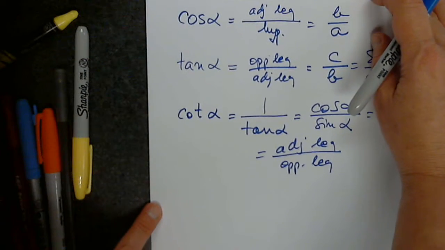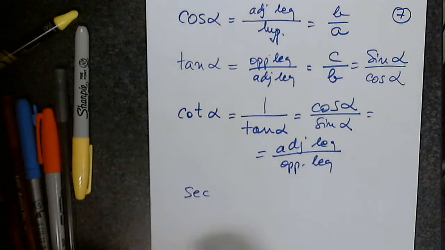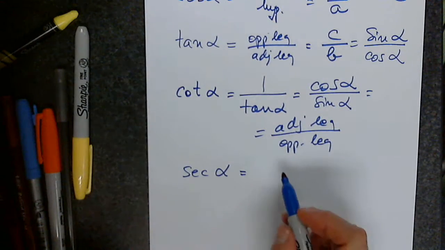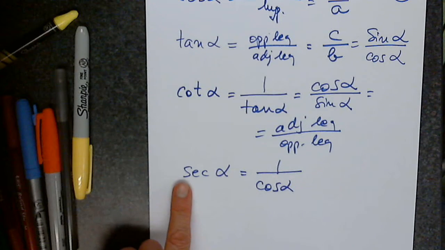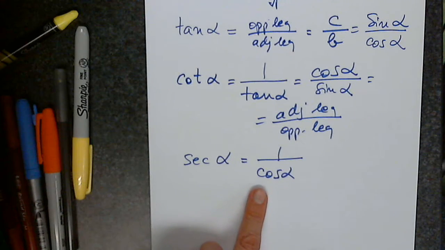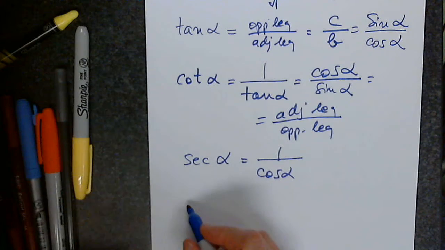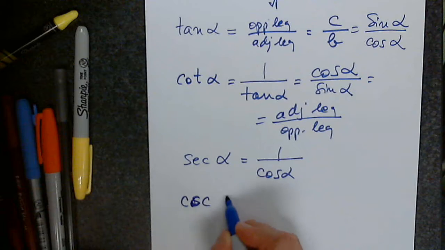Two more. Secant alpha is 1 over cosine. So please pay attention with secant. If it starts with S, secant, the denominator starts with C. The last function will start with C, and the denominator will start with S. So the last one is cosecant alpha.